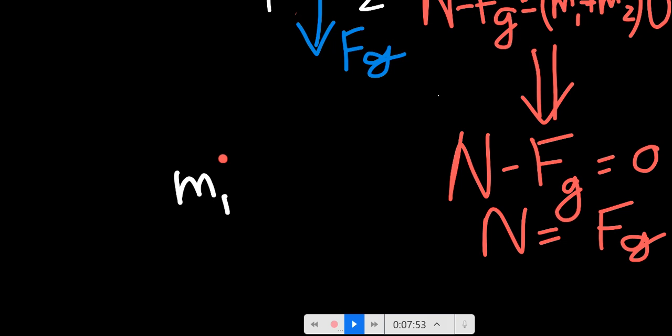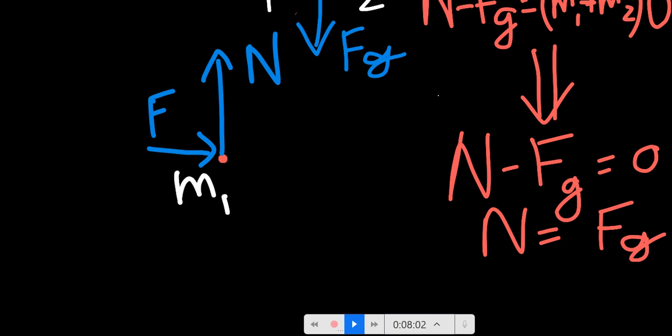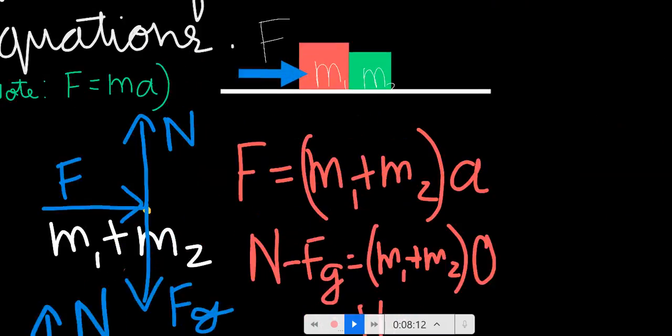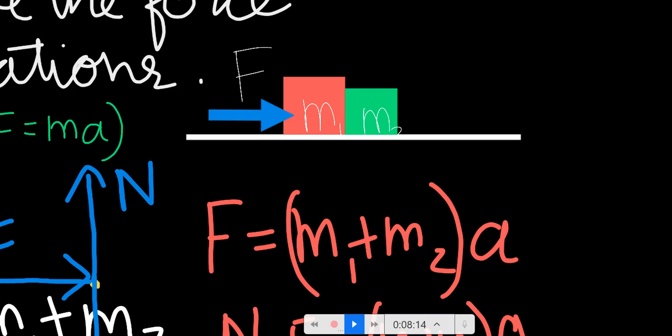So what are the forces on m1? Clearly the force capital F, as it is given in the problem, and as we discussed before, there is a normal force. So this is capital F, this is our normal contact force, and of course never forget the force of gravity.